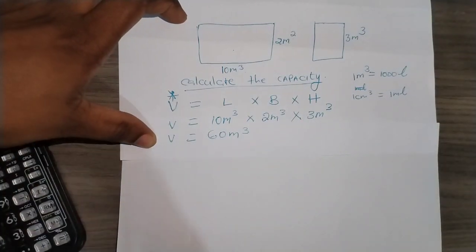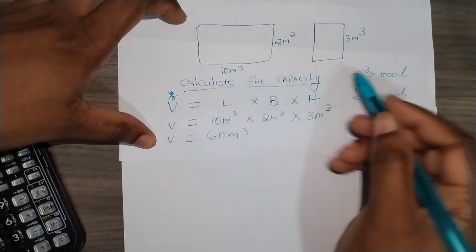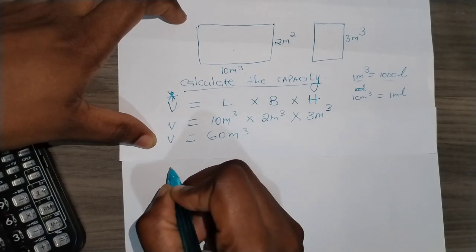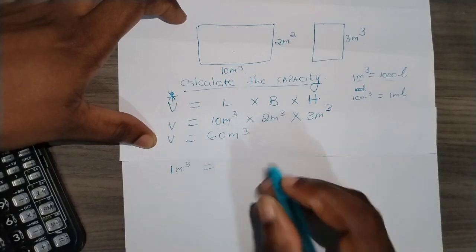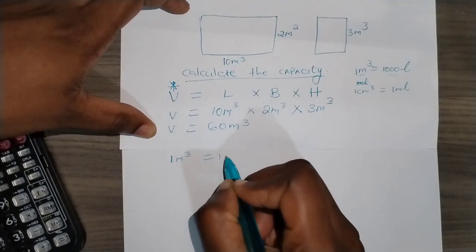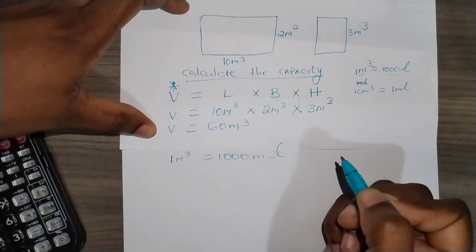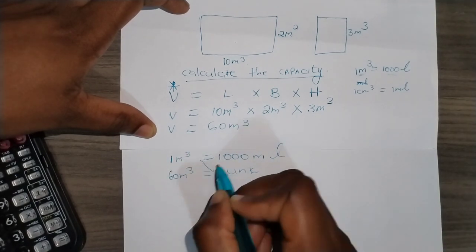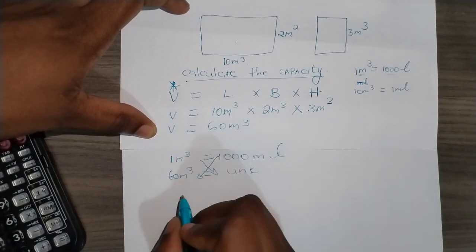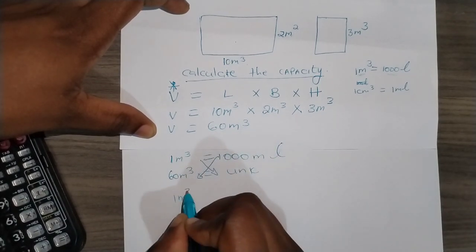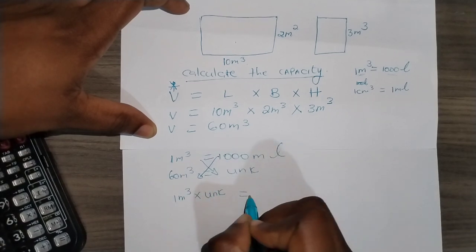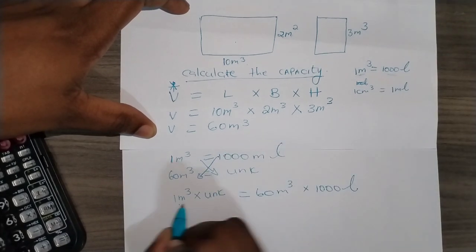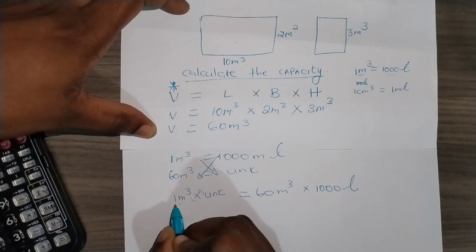Now they said calculate the capacity. So the next step to get to capacity is to say 1 cubic meter is equal to 1000 liters. What is this box capable of carrying? So now I'm saying 60 cubic meters is equal to unknown, and I cross multiply. 1 cubic meter multiplied by unknown is equal to 60 cubic meters multiplied by 1000 liters. 1 cubic meter is multiplying, and the opposite of multiplying is divide.